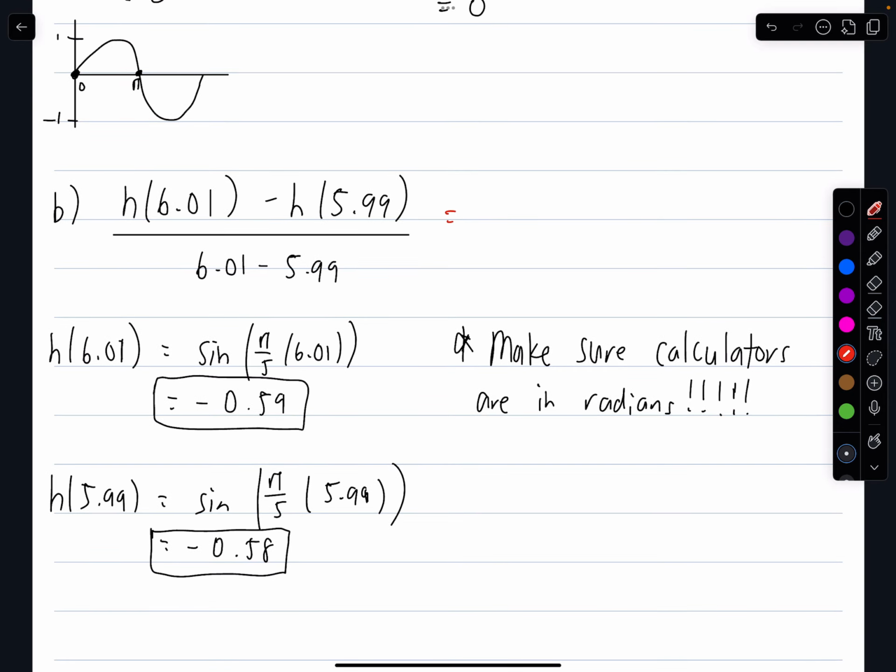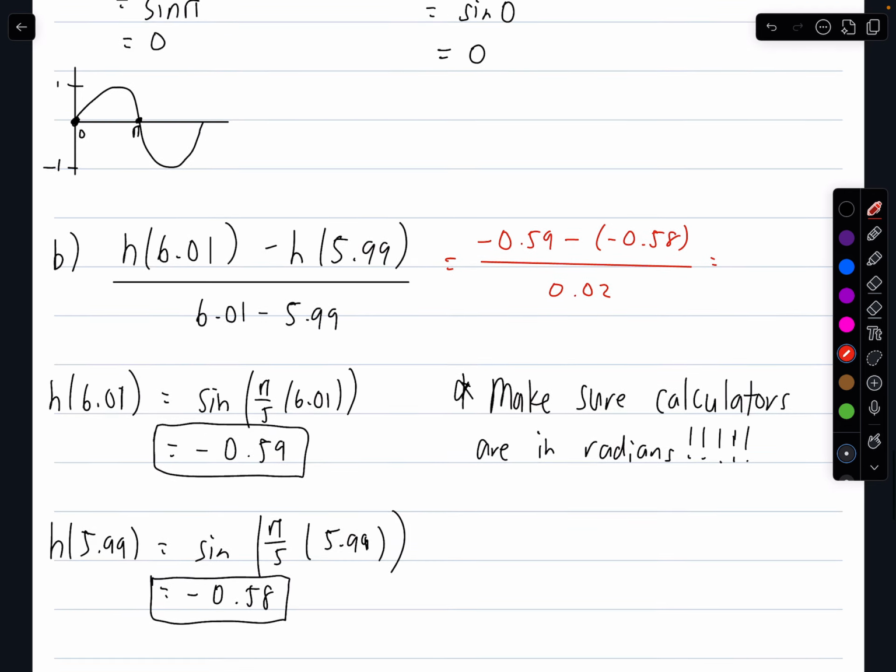We have negative 0.59 minus negative 0.58 all over 0.02. And what we end up with is negative 0.36 meters per second.